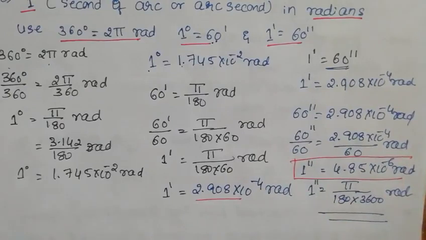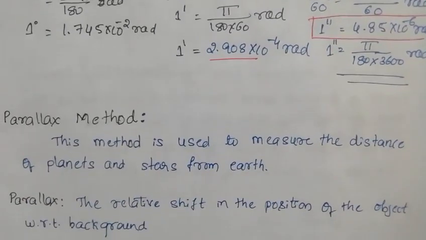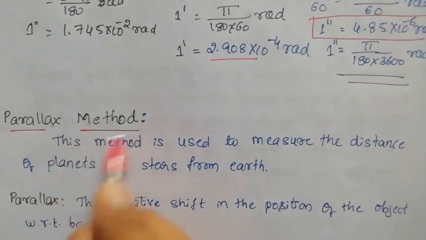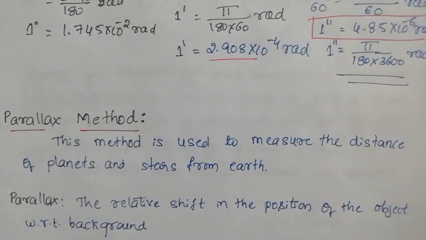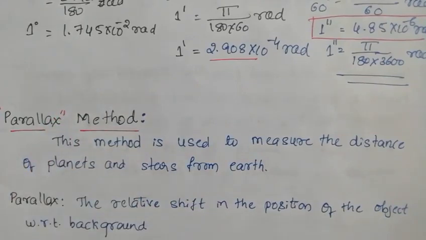Now we'll go for one more method, that is the indirect method. As I told you, to measure physical quantities by the indirect method, we focus on that. One method is what we call the parallax method. So what is meant by parallax? You need to understand this. Do one small experiment or activity.